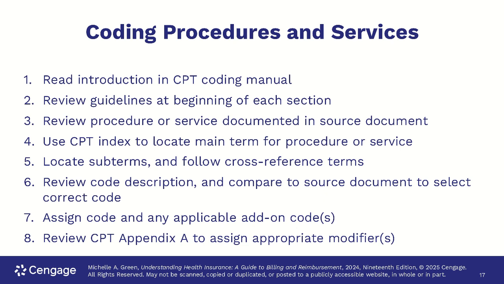You're going to use those four primary classes of main terms. Under the main terms, you're going to go to the subterms, and you're going to get your codes that you want to consider in the main portion. And then, you're going to continue coding until you've coded everything that you need to code. And when appropriate, you are going to assign a CPT modifier to the end of that CPT code.